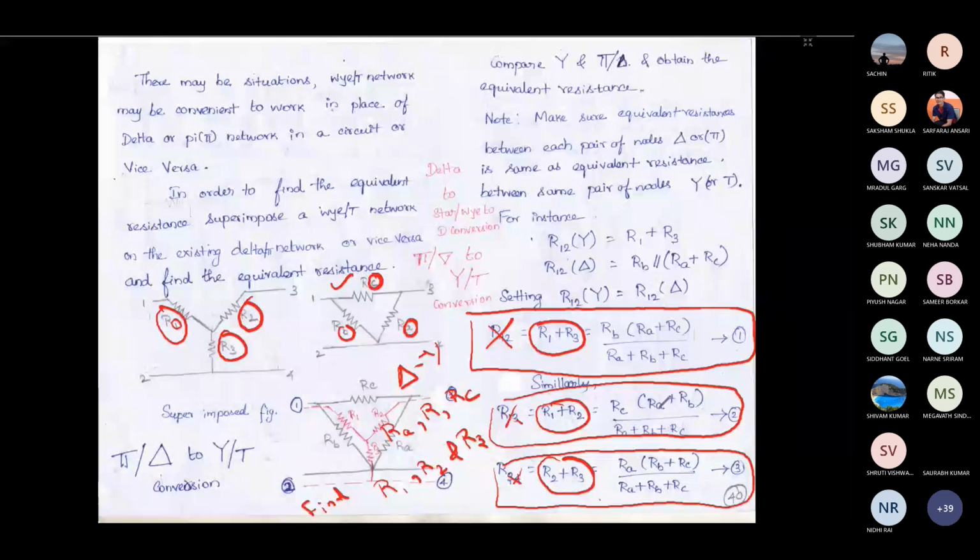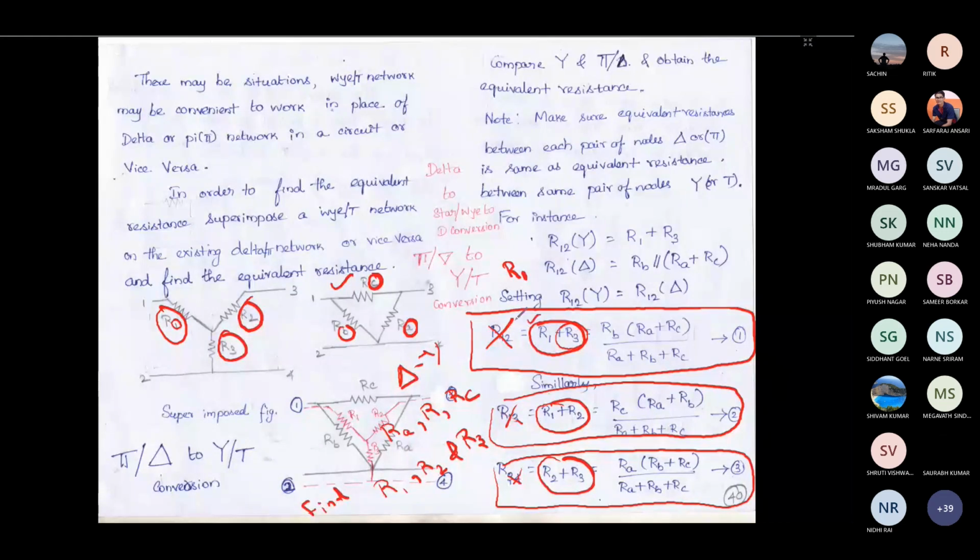Suppose you want to find R1 from these three equations. We need further combinations. If we do the computation in such a way that we get only one term on the left hand side, it will help us find the R1 value directly.